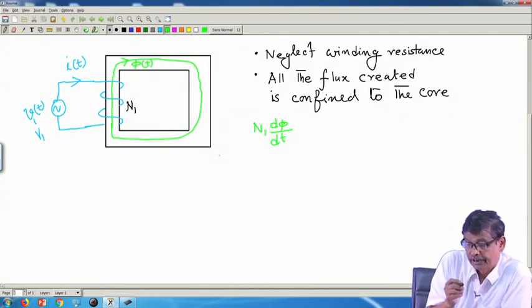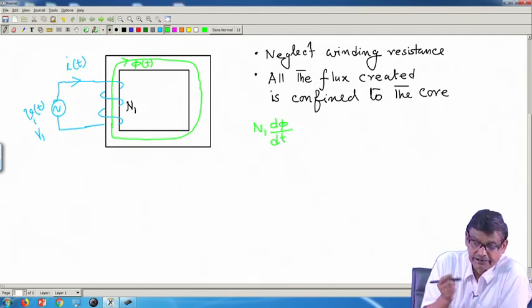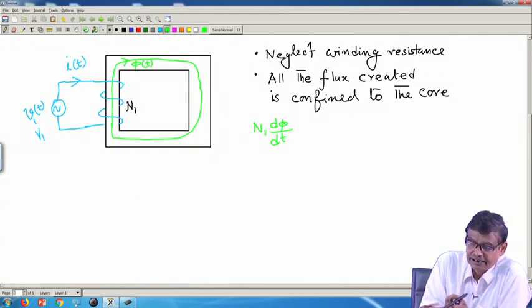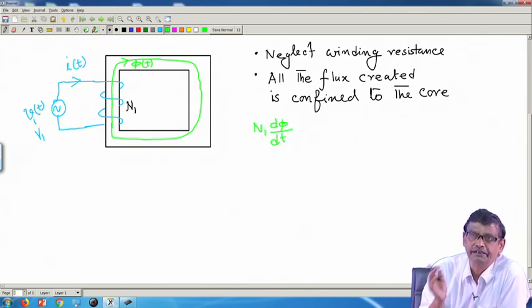Let us also say one thing about i(t). Let us consider this to be the instantaneous direction of the current, and not only that, dI/dt is positive, that is, d phi dt is positive, it is increasing.